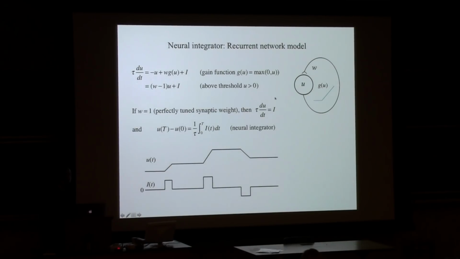then because the gain function is linear whenever your activity is greater than 0, so for positive activity, this thing, you write like this, right? This thing goes away. So what you got is the derivative of activity is equal to the input from outside, right? So then the solution, of course, is integration. This voltage reflects the integration of the inputs in time, right?